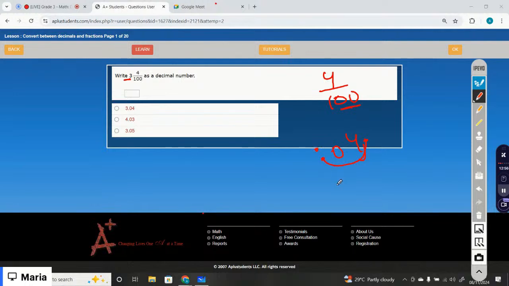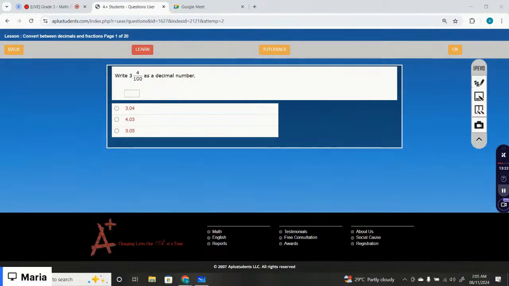So it would be 3.04. Option number 1 is the correct option. Got it?